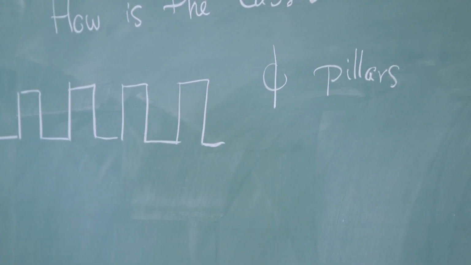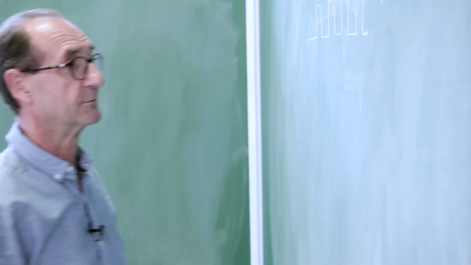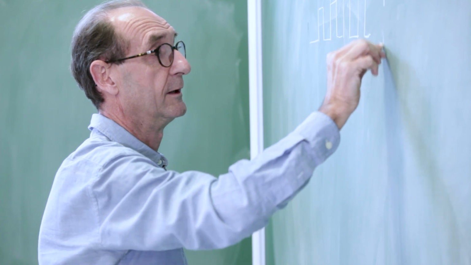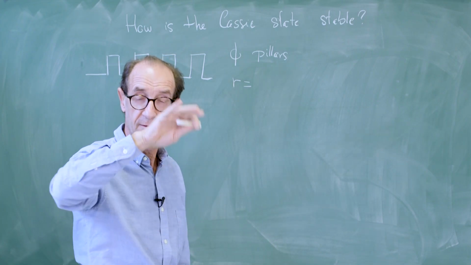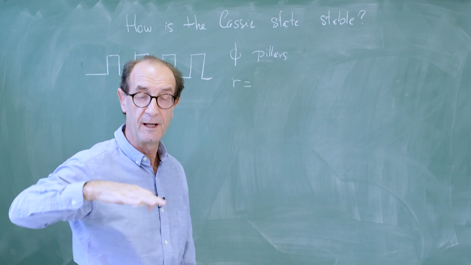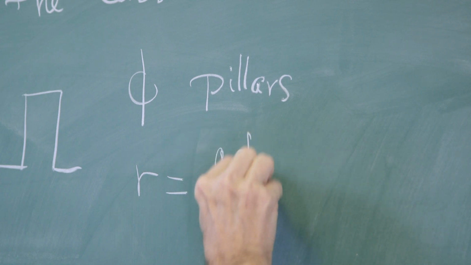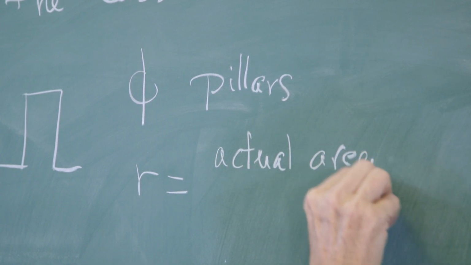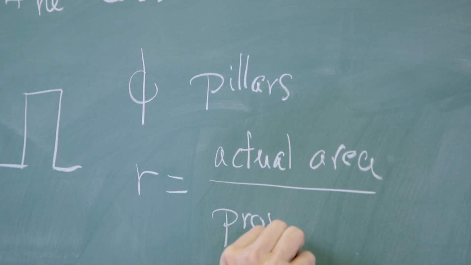And since the substrate is rough, I will characterize this roughness by a parameter which is called R, which is the ratio between the actual area of the interface and the projected area. So this is the actual area divided by the projected area.